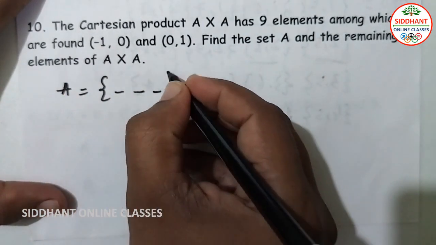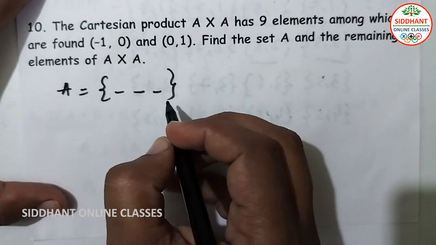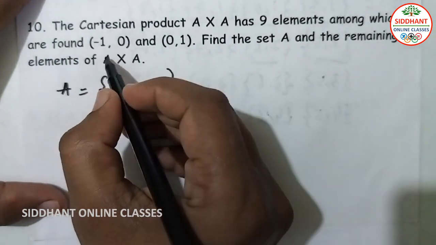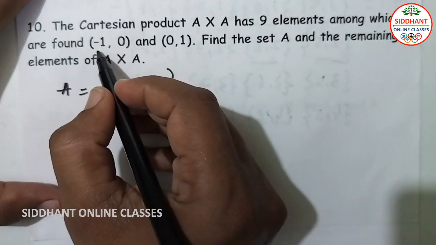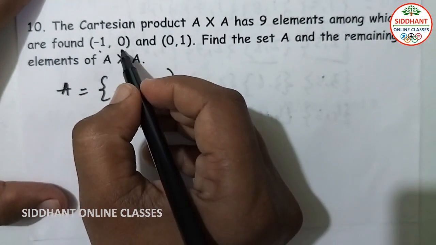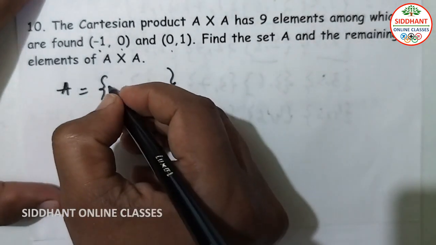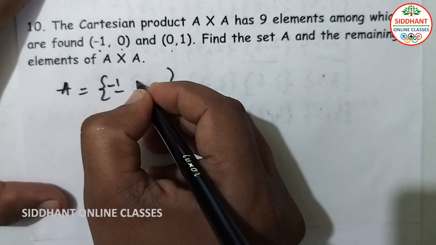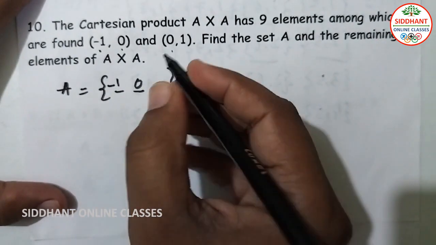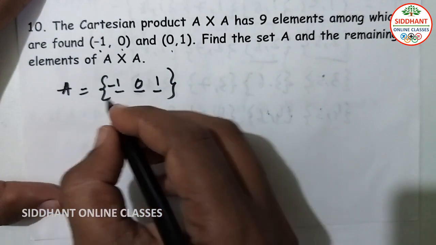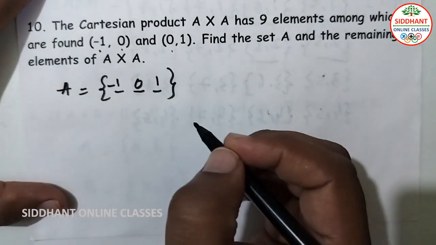So what are the 3 elements here? In the question they have given a position which is -1 and 0 and 0 and 1. So here first element will be -1, second element will be 0, then third element will be 1.